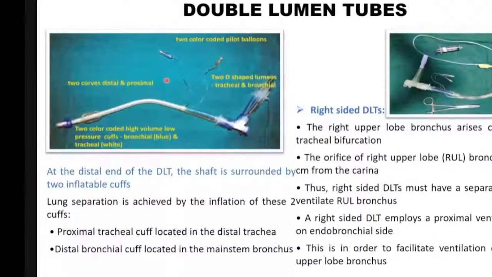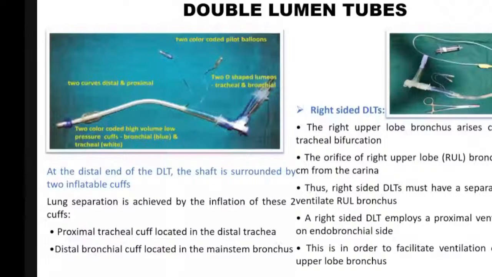A right side DLT has a ventilation port on the endobronchial side. This is in order to ventilate the right upper lobe. Now, between the left and right, we prefer the left DLT because it is easier to place. The left main bronchus is longer, whereas the right is short, 2.5 centimeter.